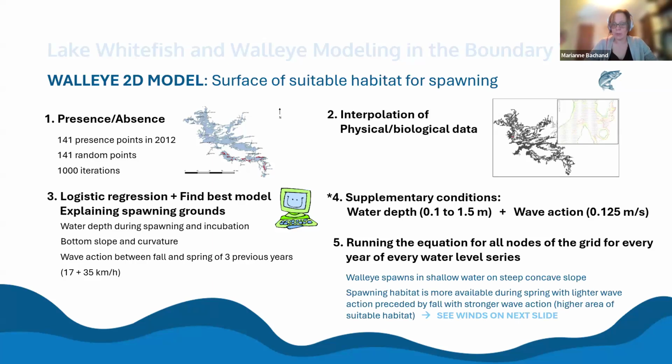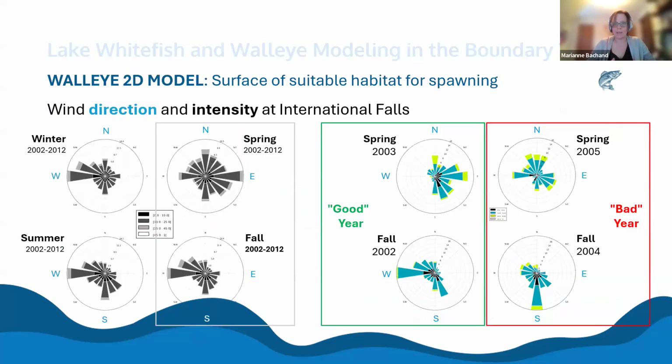So the model that was selected showed us that walleye spawn in shallow water and steep concave slope. And the spawning habitat is more available during a spring with lighter wave action that was preceded by a fall with stronger wave action. So it means that you find good spawning ground for walleye when you have a huge differential between spring and fall in terms of wave action.